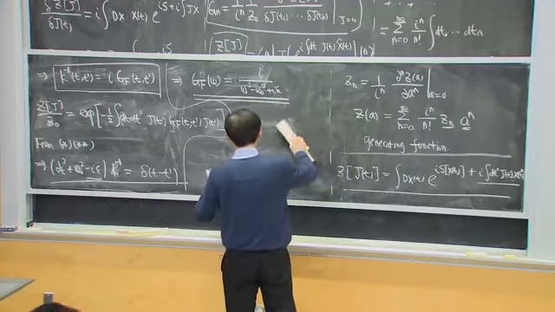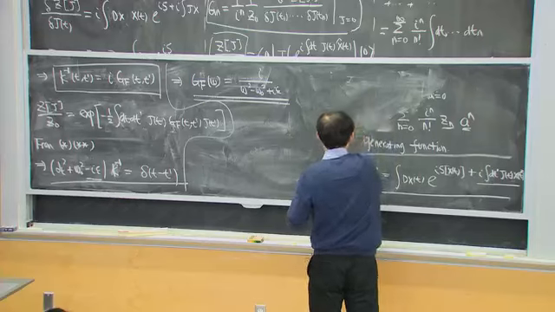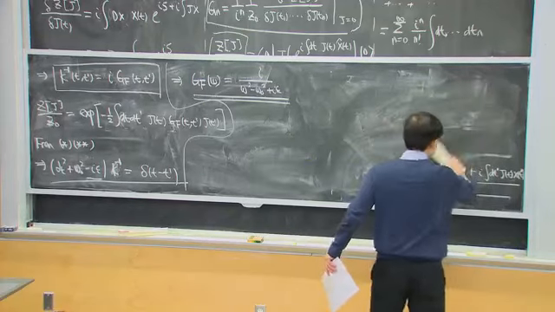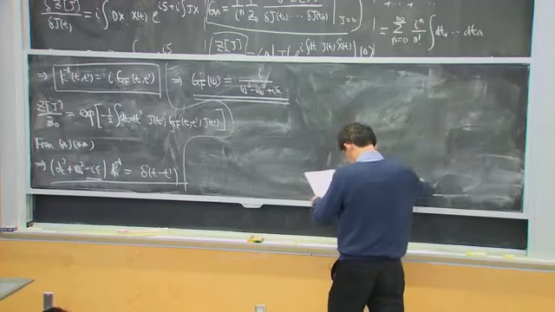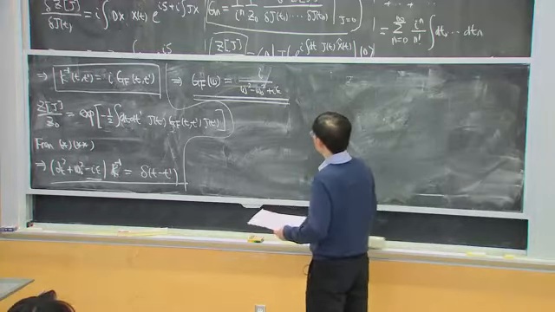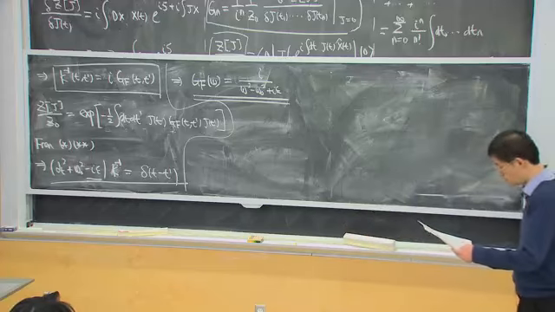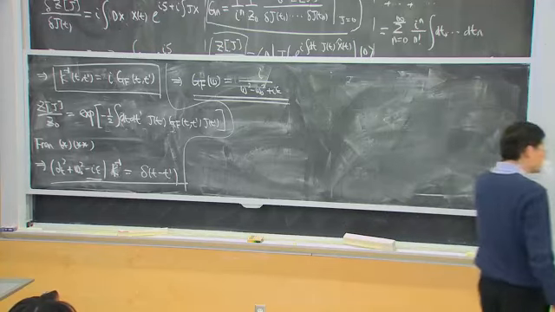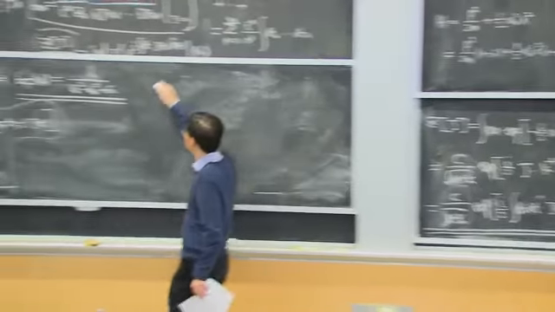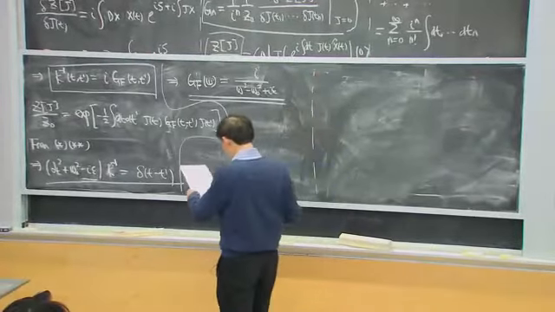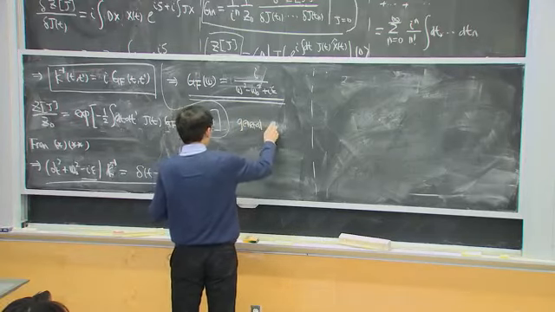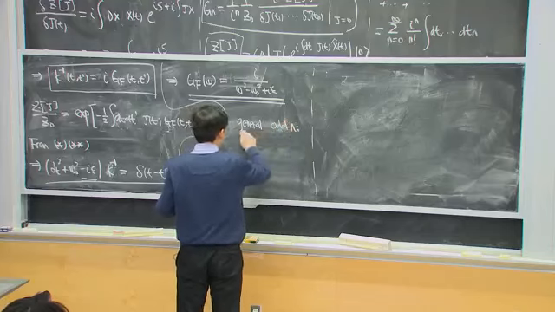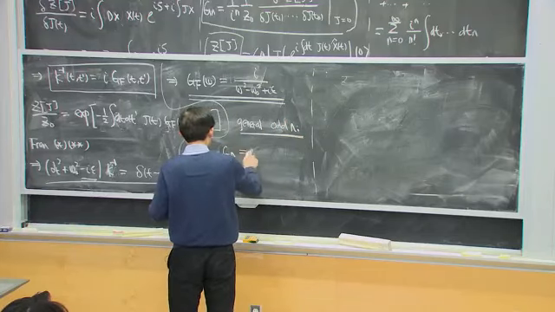So now we can work out all n-point functions. You can immediately conclude, from the way we did the one-point function, that for general odd n, G_n is always 0.